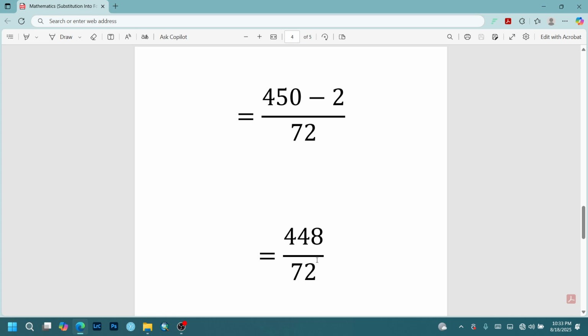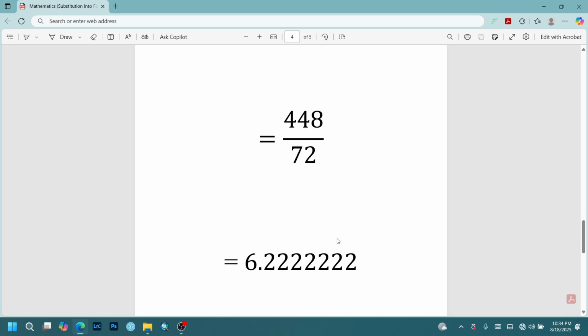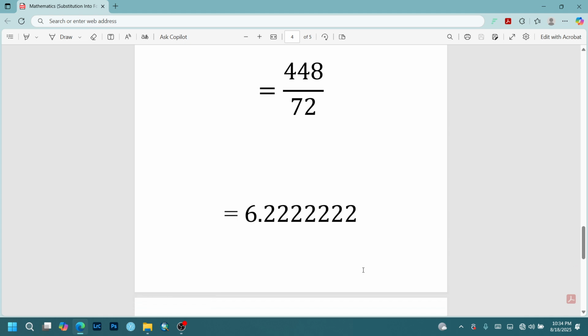So 450 minus 2 will give us 448. Okay, so our equation is going to be further simplified to the fraction 448 over 72. So 448 over 72 will give us 6.2222222222 to infinity, right?